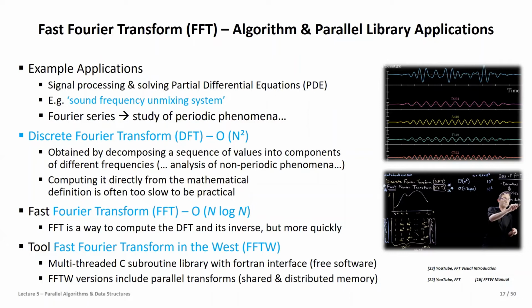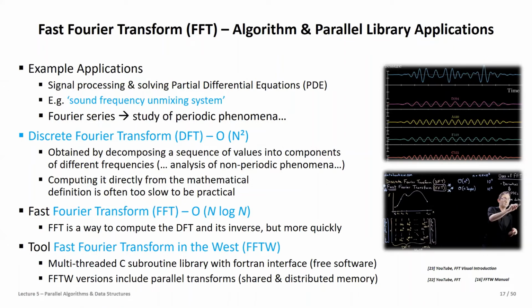Here, it's maybe an example of a sound frequency unmixing system that you want to really understand. But in many different fields, the use of this discrete Fourier transform, and the practical implementation using rather the fast Fourier transform, is of incredible value in science and engineering.